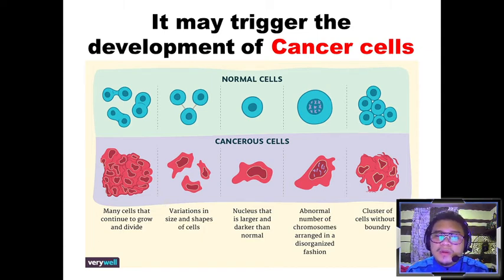Now, unlike the usual cells which observe boundary during mitotic division, cancer cells don't observe that. They just multiply and multiply without observing boundary, and this is how a cancer is produced. Okay, so let's move on.